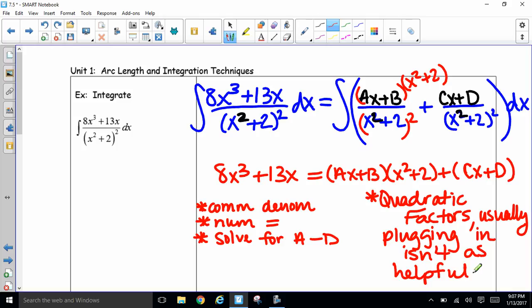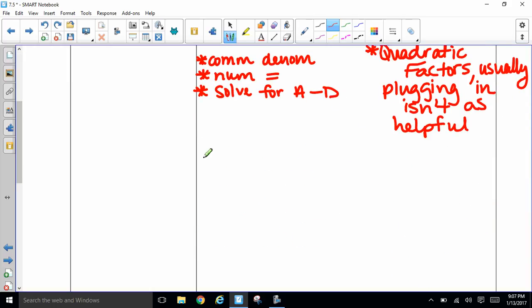So this is going to be done with what I'm going to call way 2. And way 2 is matching degrees and coefficients.